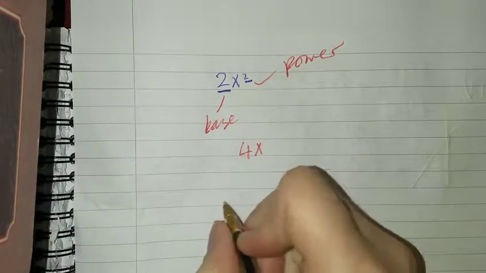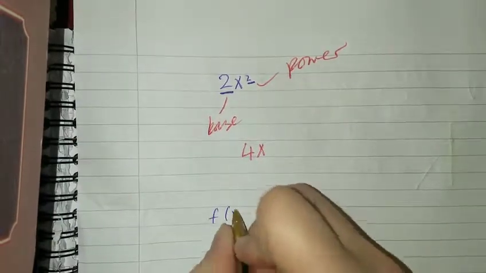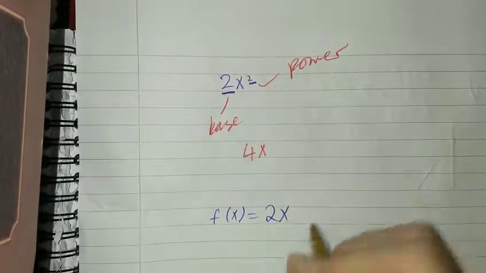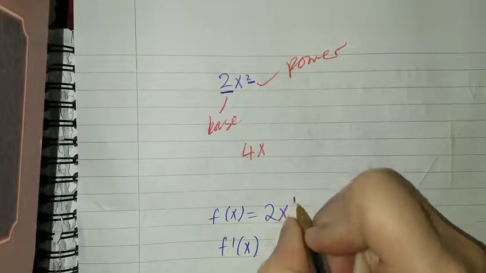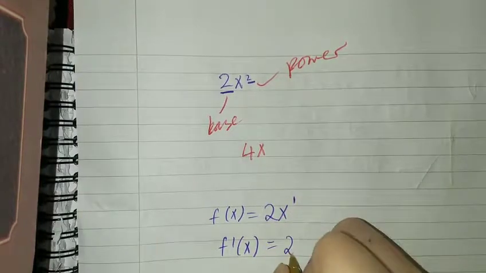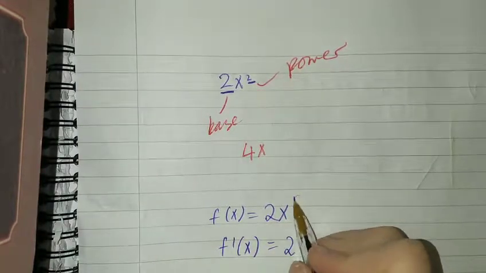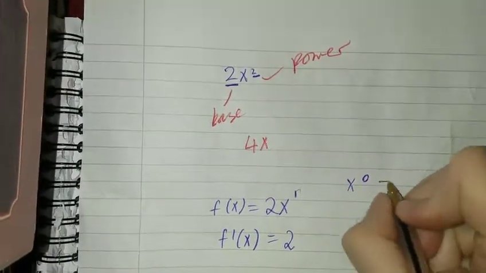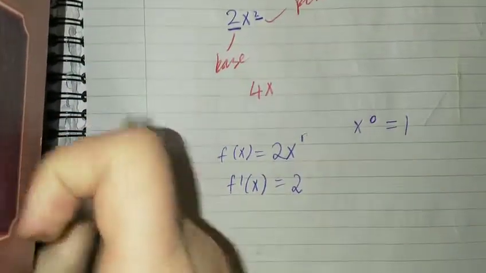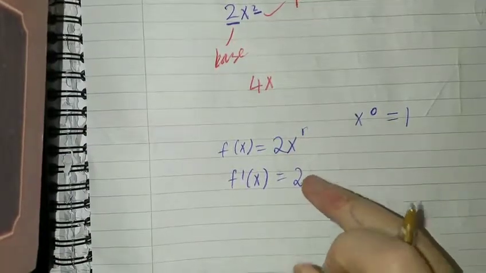Say if our function was 2x, we use the same rule, base by the power. The power here is 1, so 1 by 2 gives us 2, and the power minus 1 goes to x to the power of 0, but anything to the power of 0 is 1. So 2x just arrives to 2.